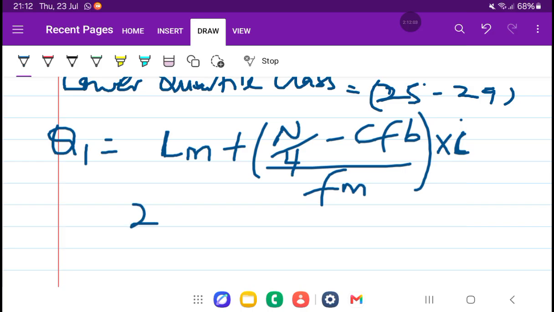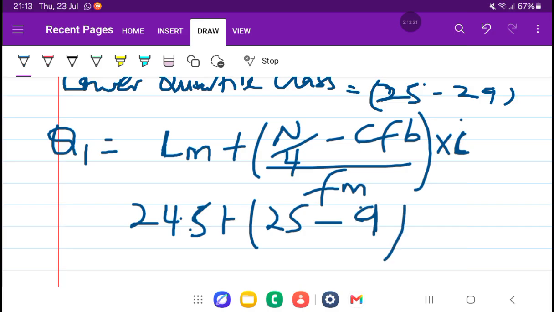So this was 24.5 plus, now n over 4, we got it as 25. Now what is the cumulative frequency before? The cumulative frequency was in 26. We pick 26. What is before? Before there is 9. So minus 9 over, what is the frequency of that lower quartile class?